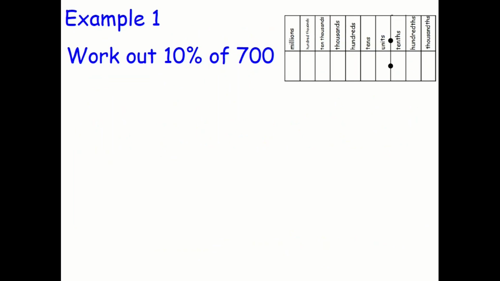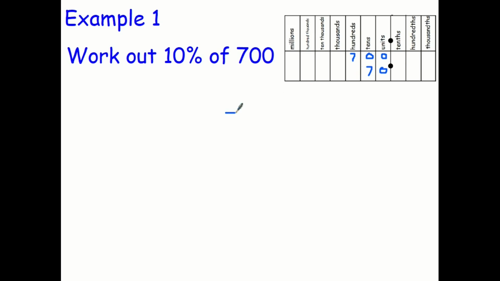So 700 divided by 10, well, this is where our place value table comes into importance. If you've got 700 and you're dividing by 10, you jump 1 column to the right. So 700 ends up there as 70.